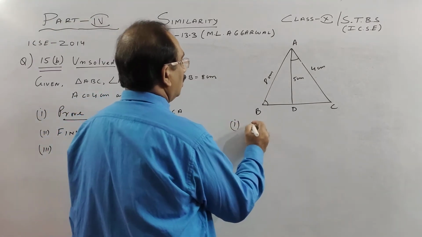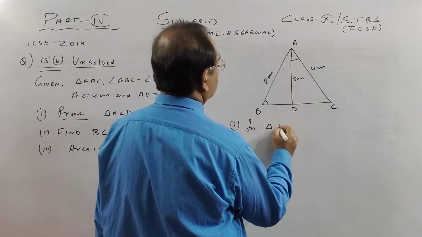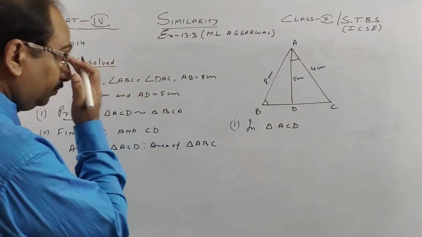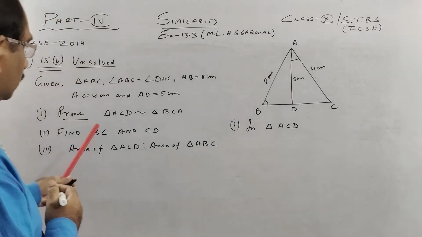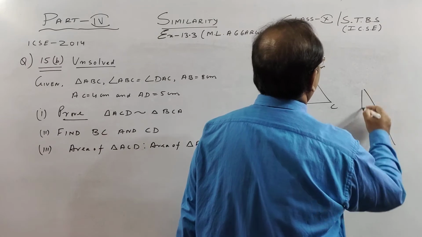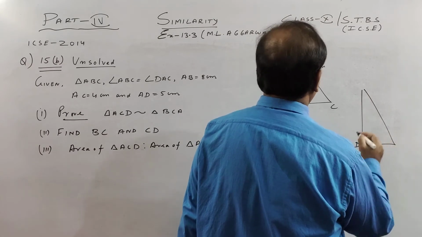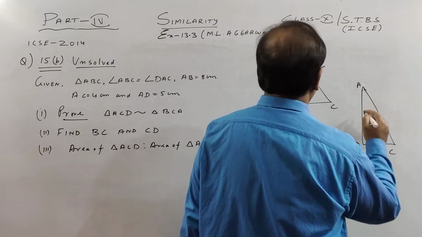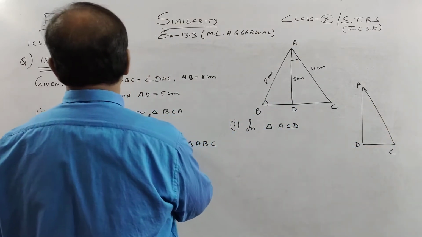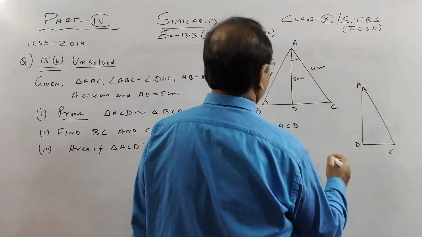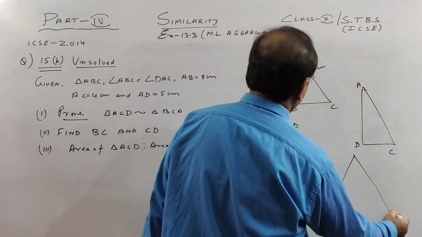Part 1, in triangle ACD, the small triangle first. You can draw a separate figure, children, to understand it better. ACD, okay, and in triangle next BCA, so the full triangle, this bigger one.